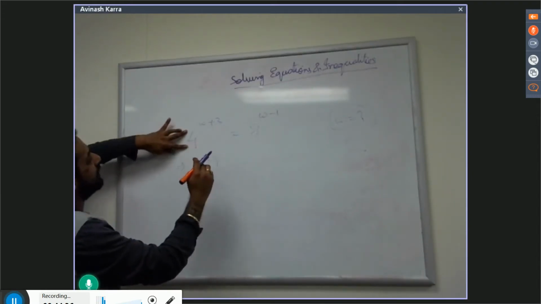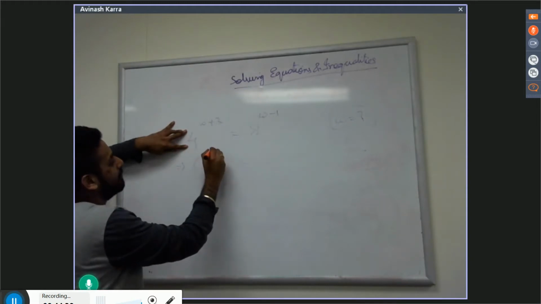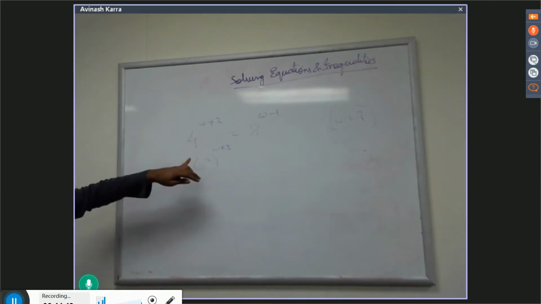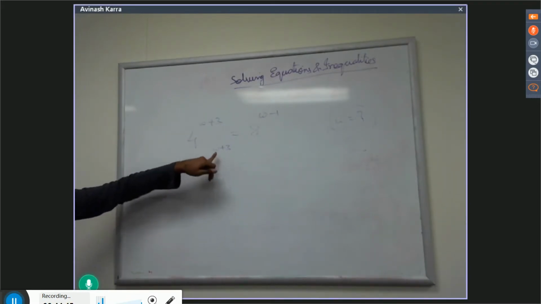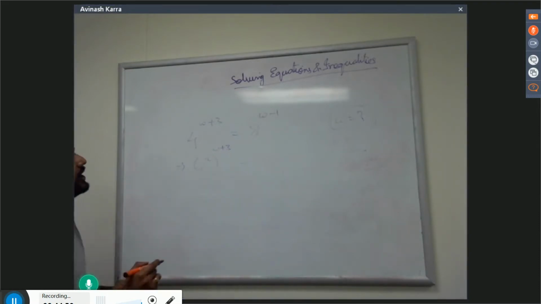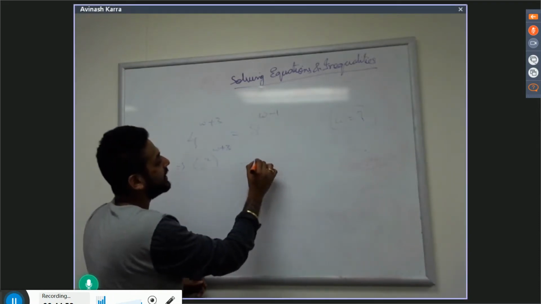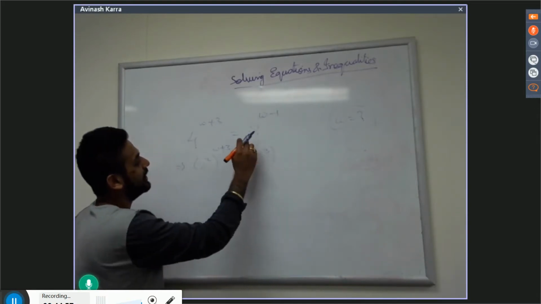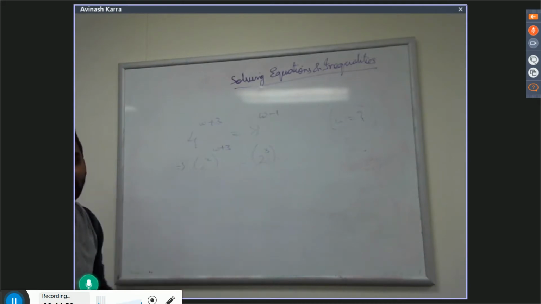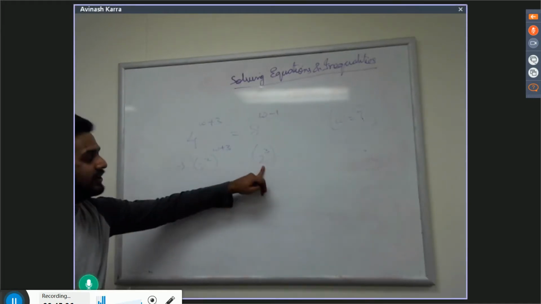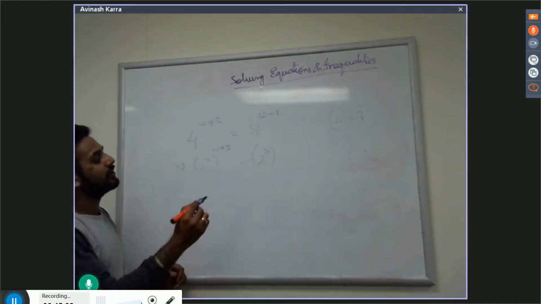And what is the power over here? w plus 3, right? So can I write 4 as 2 to the power of 2, to the power of w plus 3? Yeah, you can write that. And also 8 as 2 to the power of 3. 2 into 2 into 2 is 8, right?